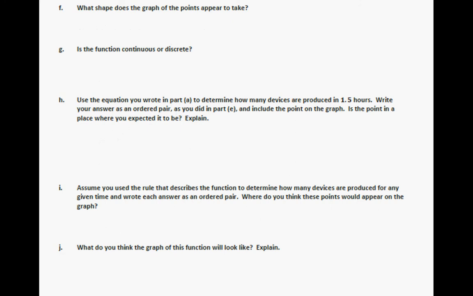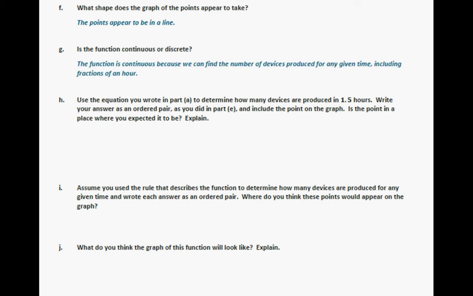Then you are to graph this for part F. Points appear to be on a line. And for part G, it is continuous because, again, our input is a value of time, and time can be done in fractional parts.